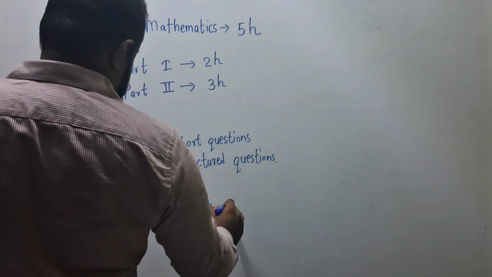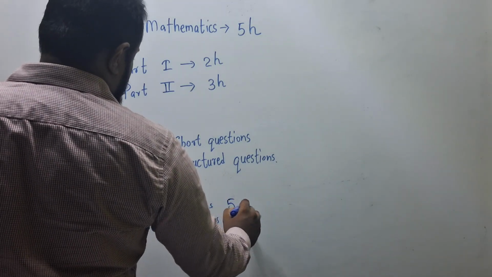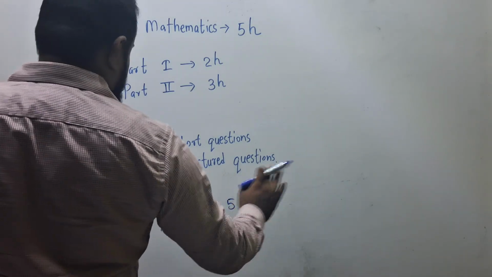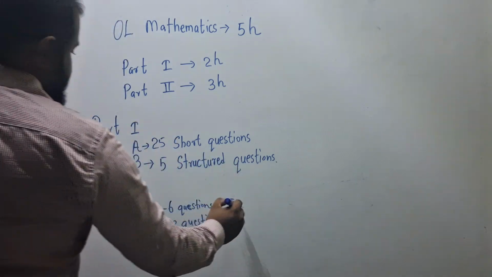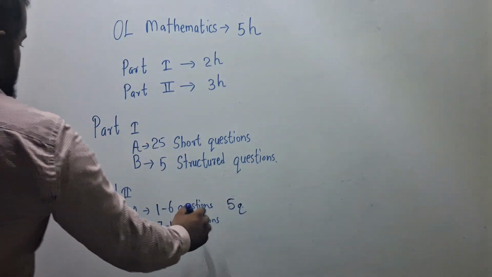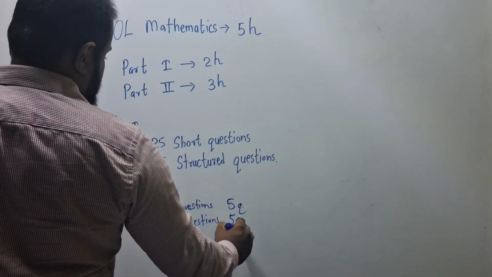Out of these 6 questions, you have to answer 5. Five out of 6. Here also you have to answer 5 questions.